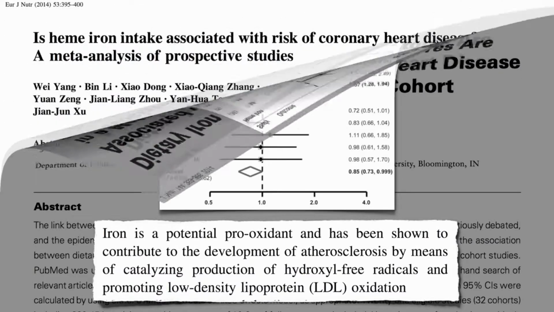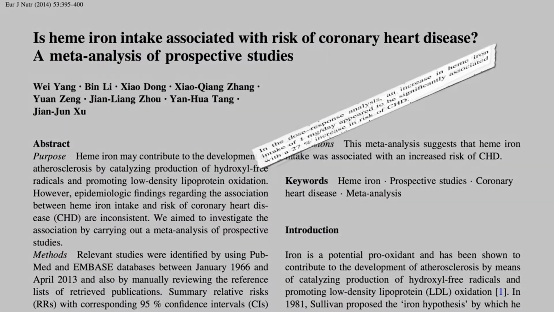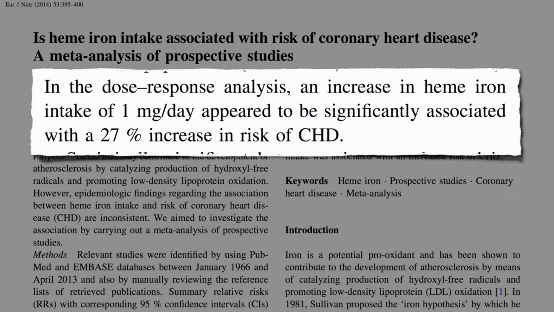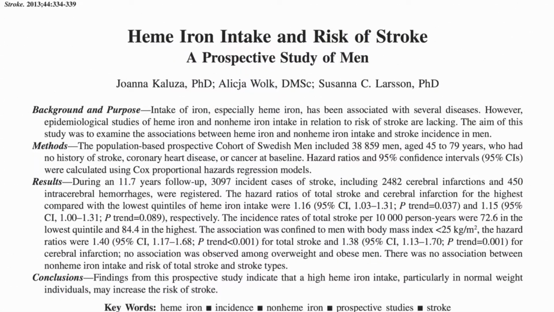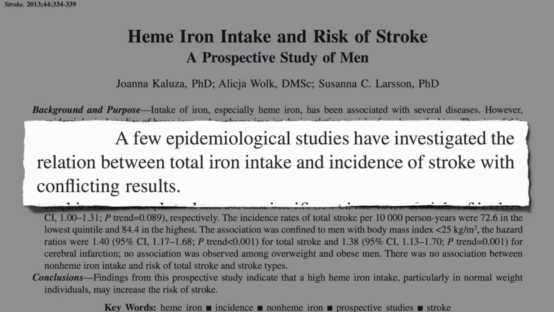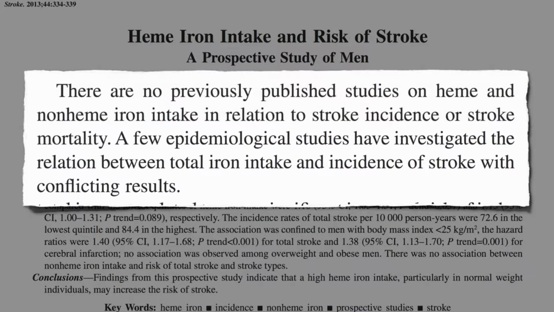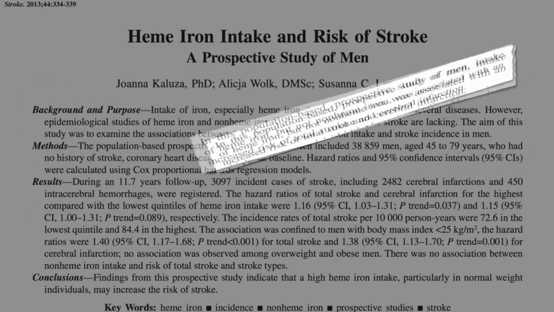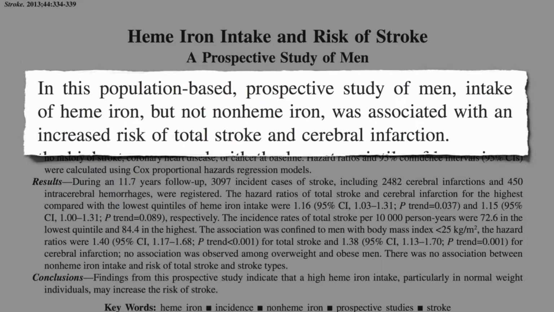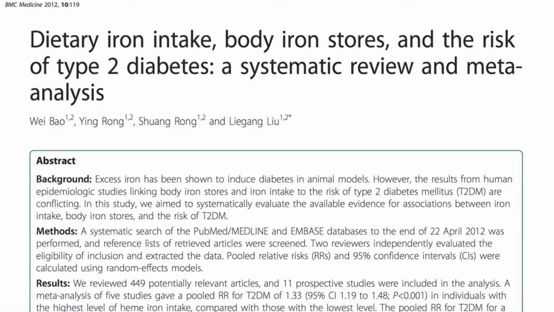The risk has been quantified as a 27% increase in coronary heart disease risk for every 1 milligram of heme iron consumed daily. The same has been found for stroke risk. The studies on iron intake and stroke had conflicting results, but maybe because they'd never separated out heme from non-heme iron until this study, which found that the intake of meat iron, but not plant iron, was associated with increased risk of stroke as well as diabetes.